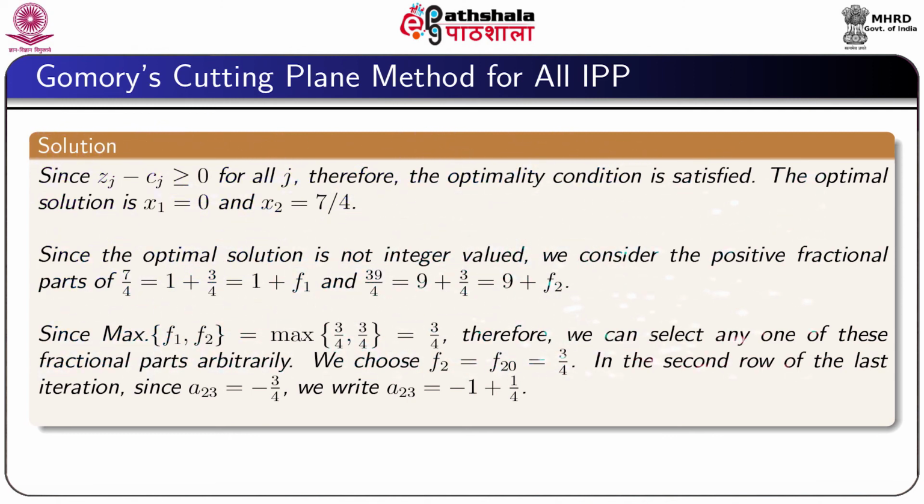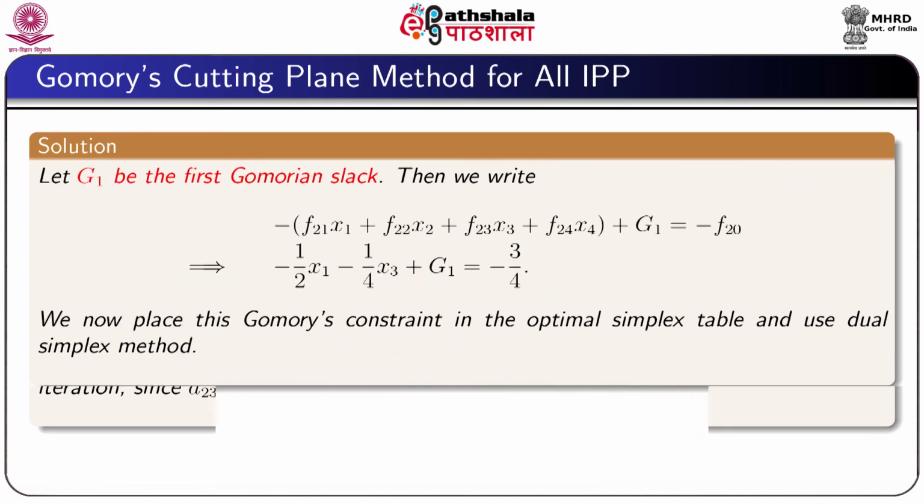In the second row of the last iteration, we have a23 equal to minus 3 by 4. Therefore, we write a23 as minus 1 plus 1 by 4. Let G1 be the first Gomorian slack.